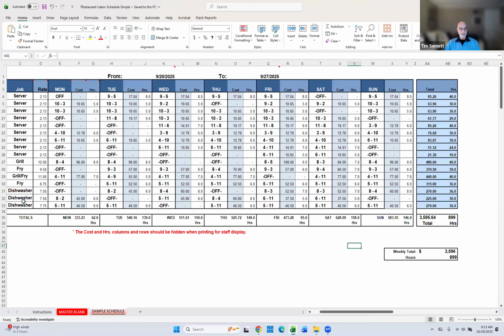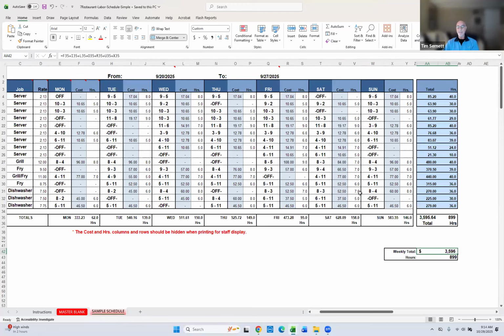This is not a complete schedule, but whatever it would be for your restaurant, and for each day and for each time frame, you're building out that schedule, 9 to 5, so that you can start to build out what is the weekly budget, and based on projected sales, is that going to get me the labor percentage that I need?